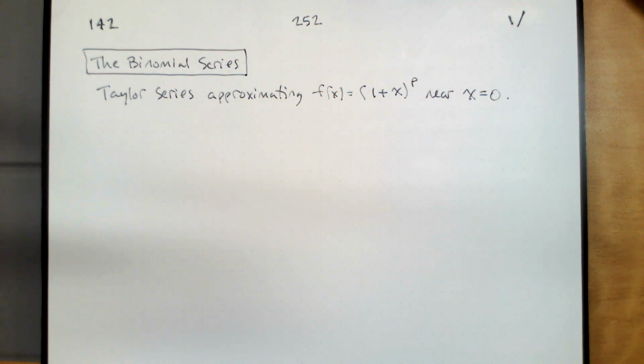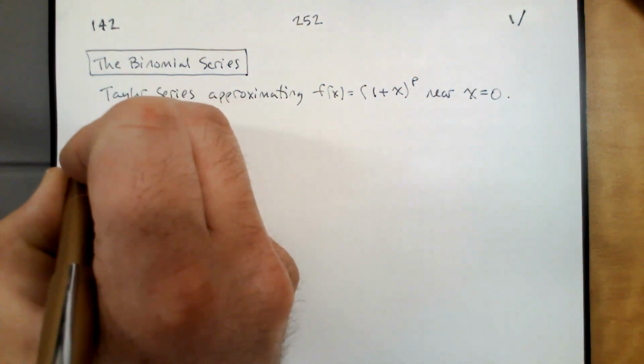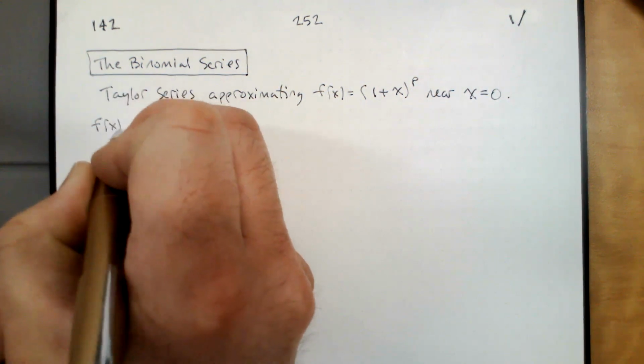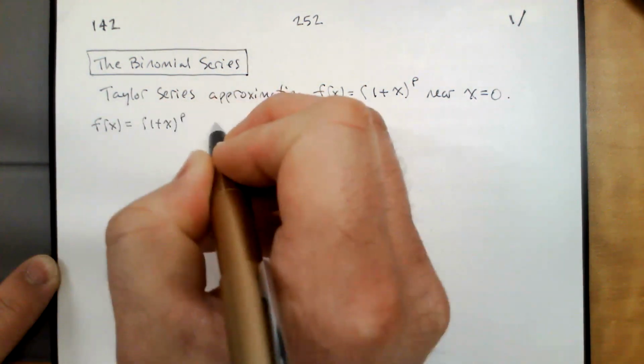So let's build another important building block, the binomial series. We're going to start off with f of x is 1 plus x to the p.